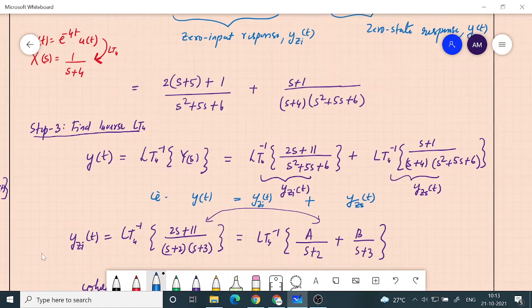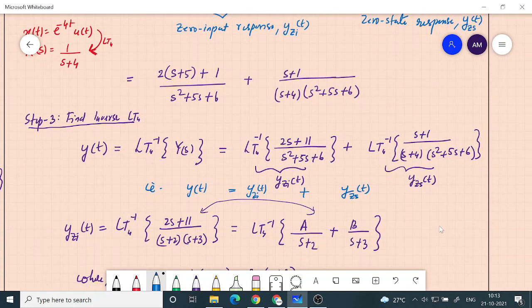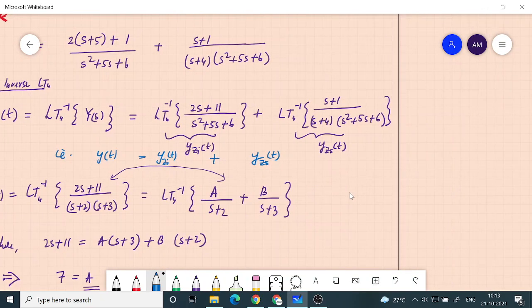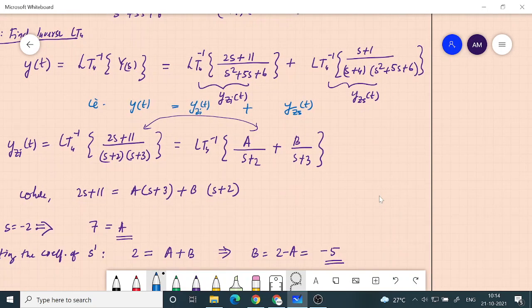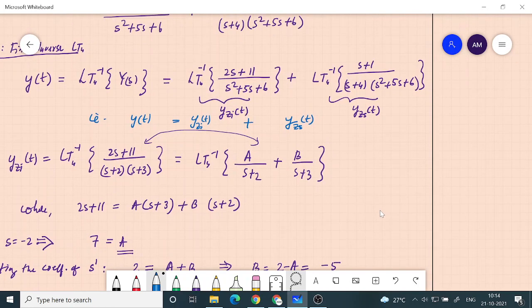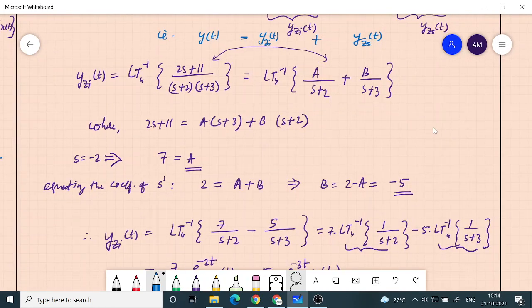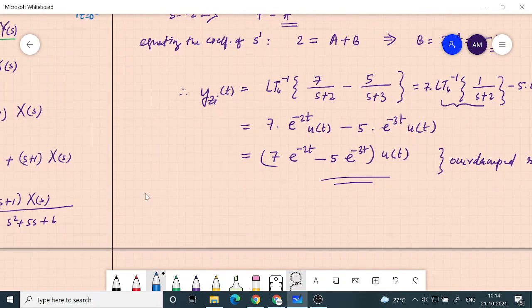Now we have one more part that is left, which is basically zero state response. So let me just copy that part. We also need to find out the response, which is basically the inverse of this term. I'm not able to copy, so there is some problem here. So let us write this term by heart: s plus 1, s plus 4, and then the same polynomial term.